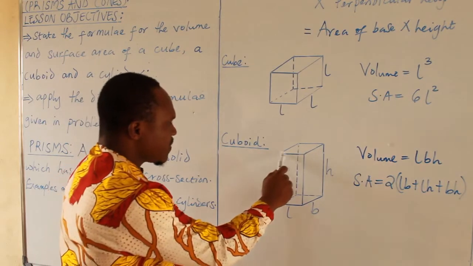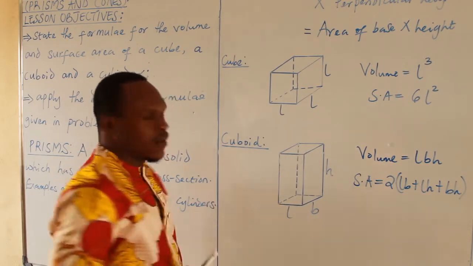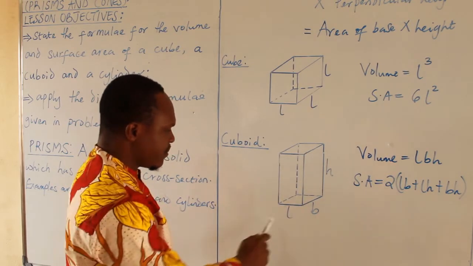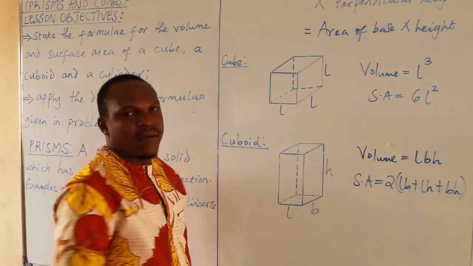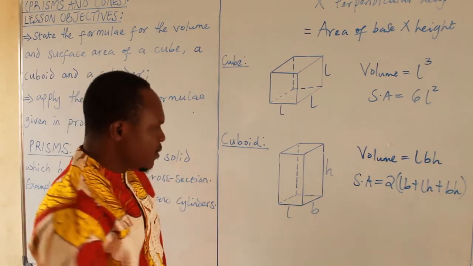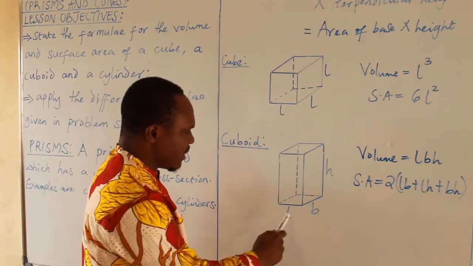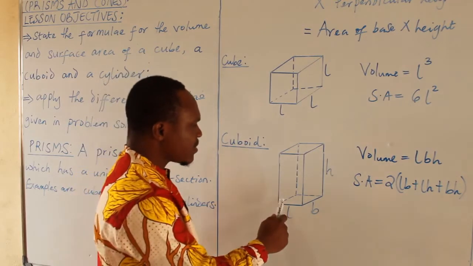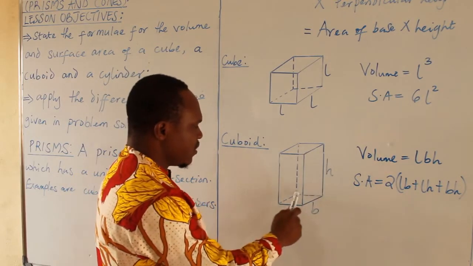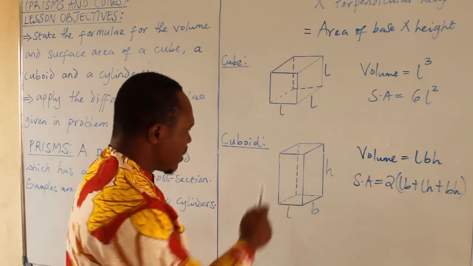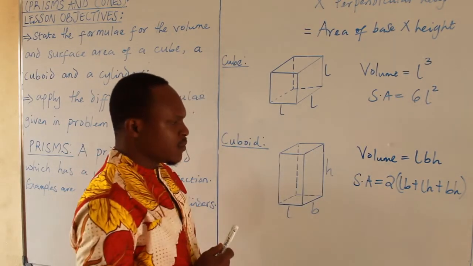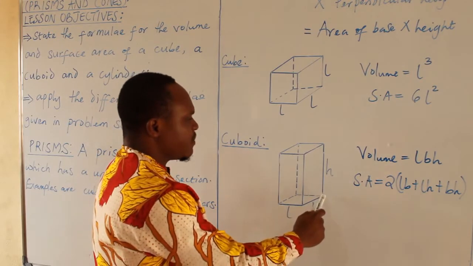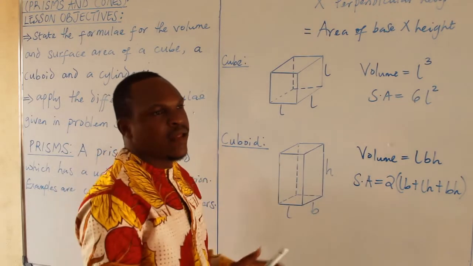So if we're looking at this front face, the area of this front face is given to us by the length multiplied by the height. If you look at this back face represented here, it's the same cross section as that of the front. So the area of the back face is also its length multiplied by the height, which gives us LH.